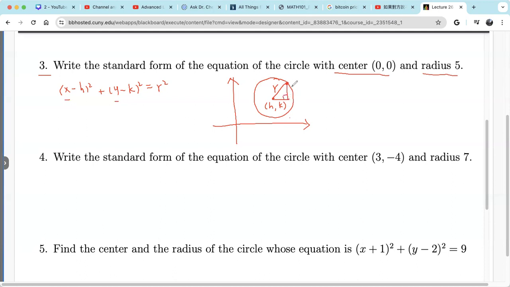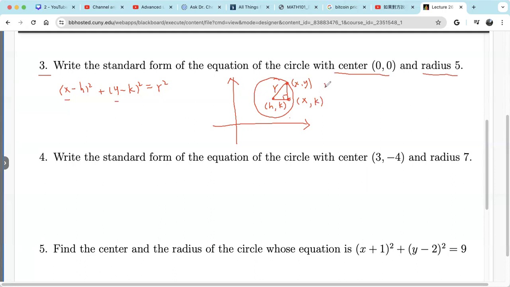Also we can form a right triangle. Then we see r squared equals, well, this is x, y, and this point here has x value x and y value k.